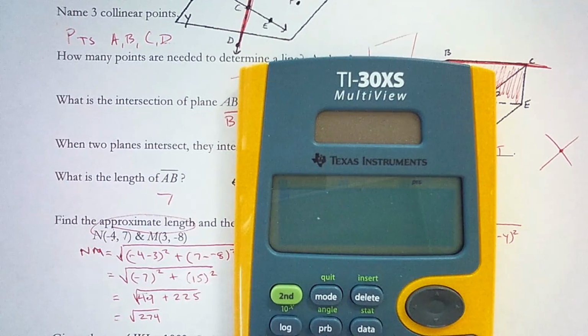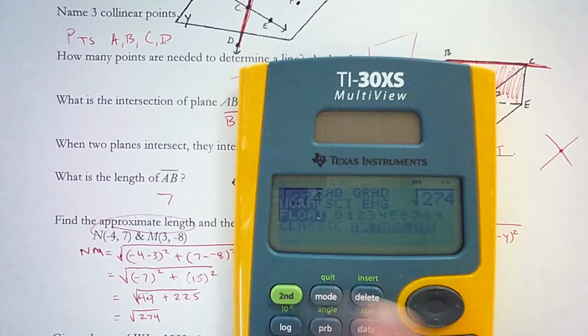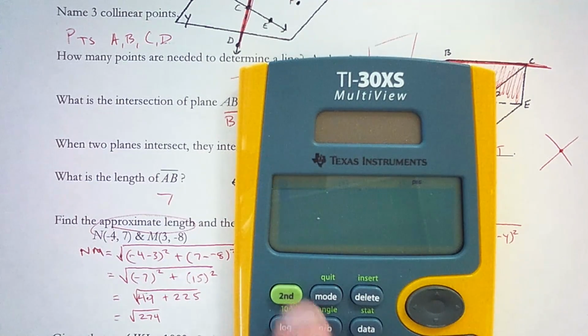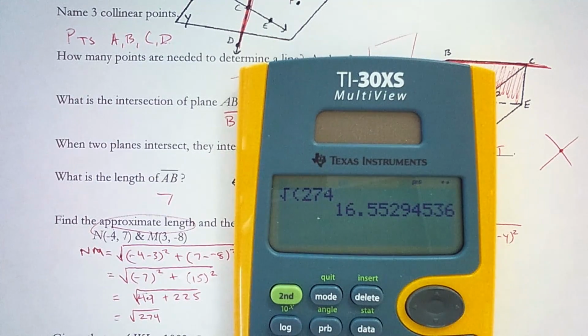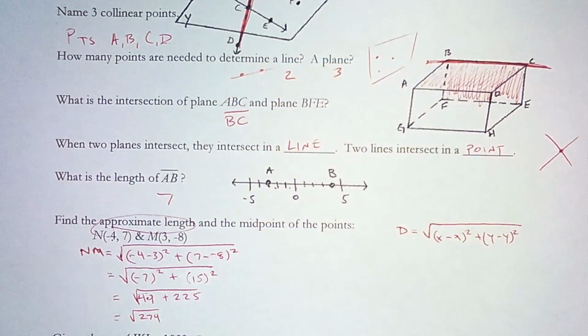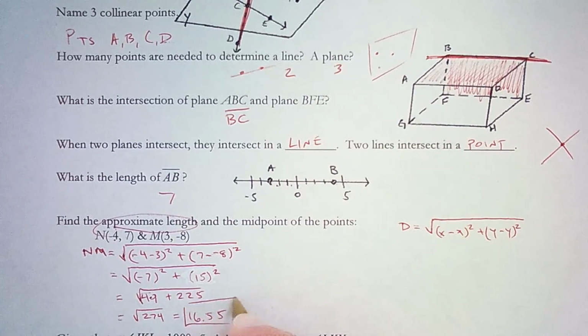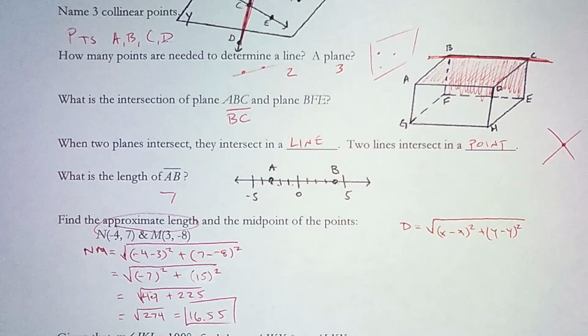Sorry, the calculator just died on me, I'll try that again. I'm in the wrong mode for an approximate, so I'll change that to classic and do it again. Square root of 274 is 16.55. So there is the approximate length of the segment.